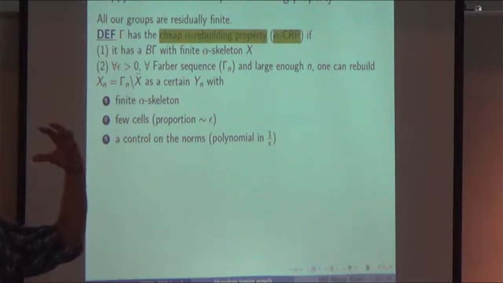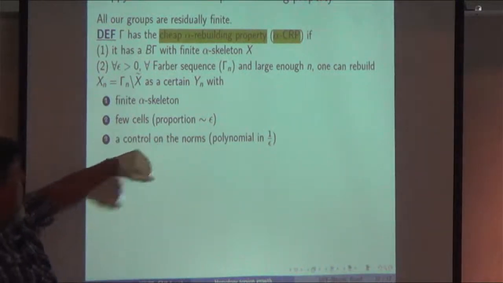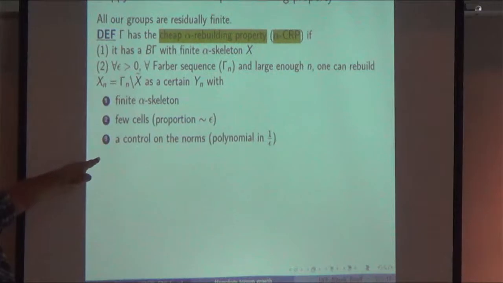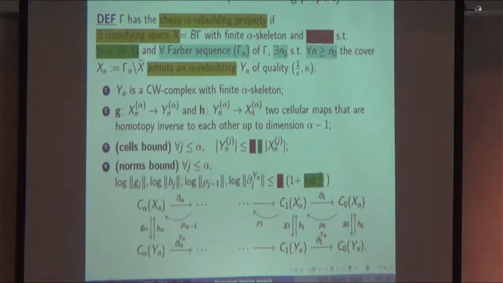So you have these covers and you rebuild step by step, stage by stage. And so you want about epsilon times the number of cells and a control on the norm, something like a polynomial in 1 over epsilon. Now I will present you very quickly the real definition of the cheap rebuilding property.